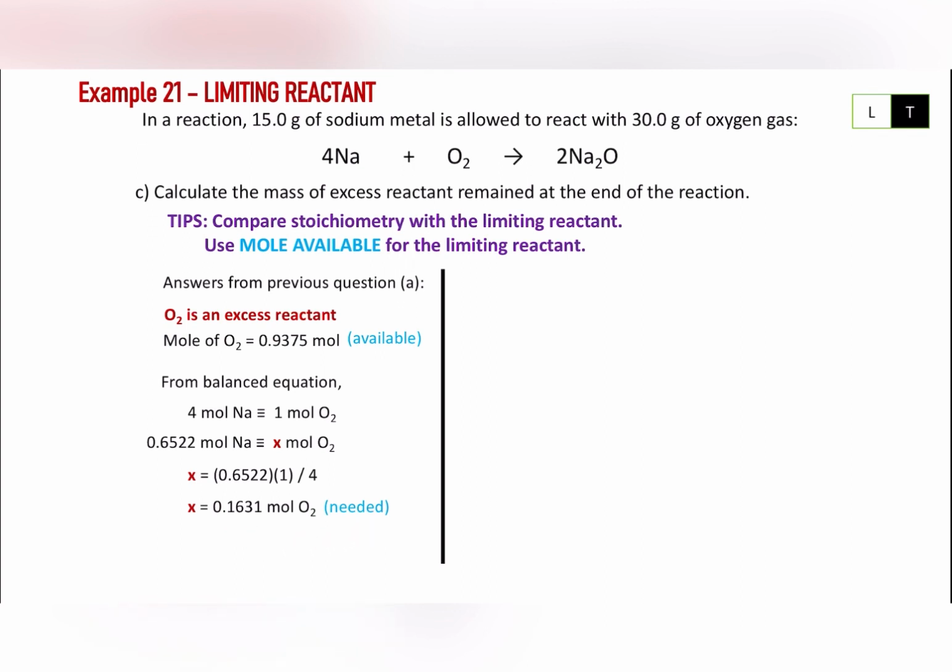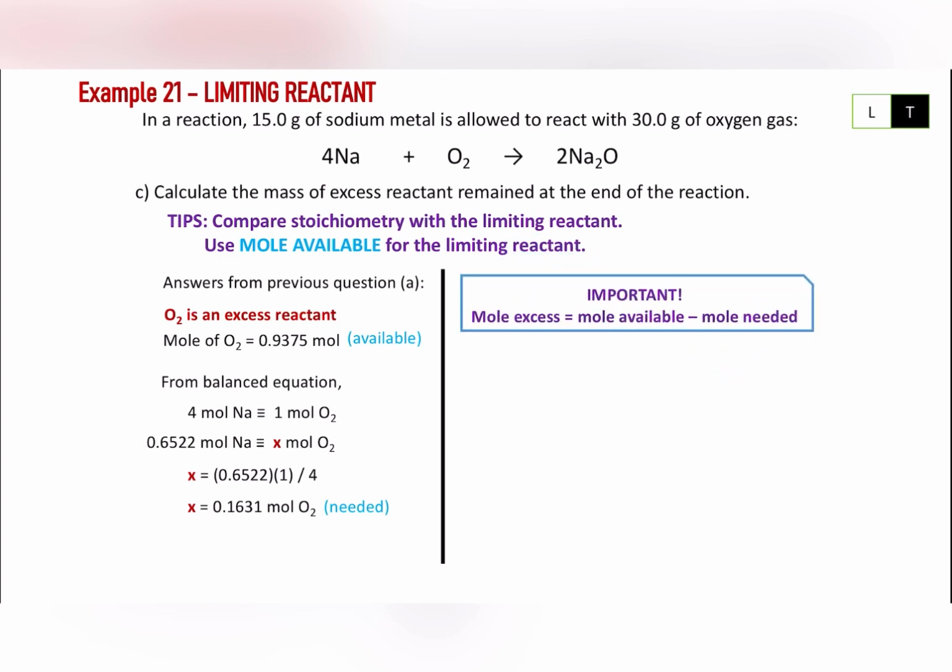Next one, to calculate the excess reactant, you have to compare between their mole. So this is the formula where you have to find out mole excess of O2, which will be 0.7744 mole. This is mole remain at the end of the reaction.